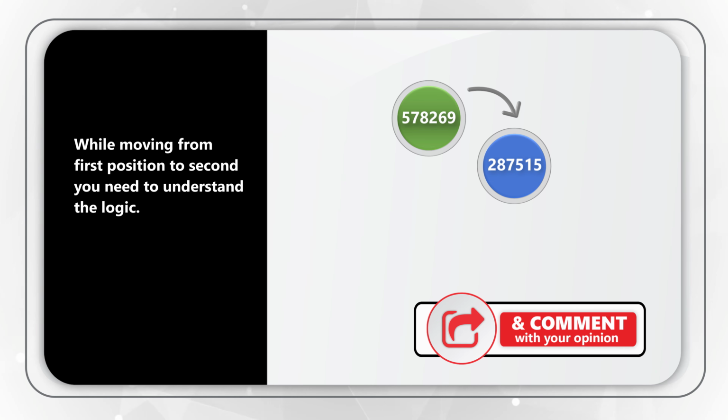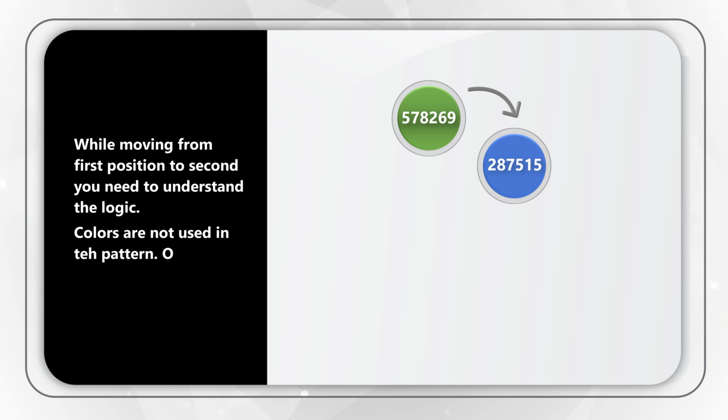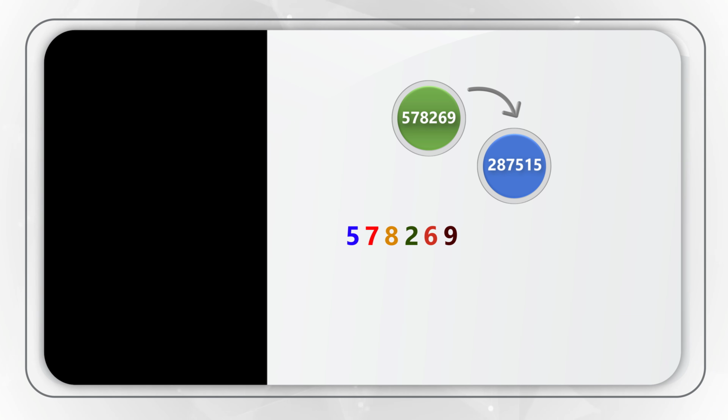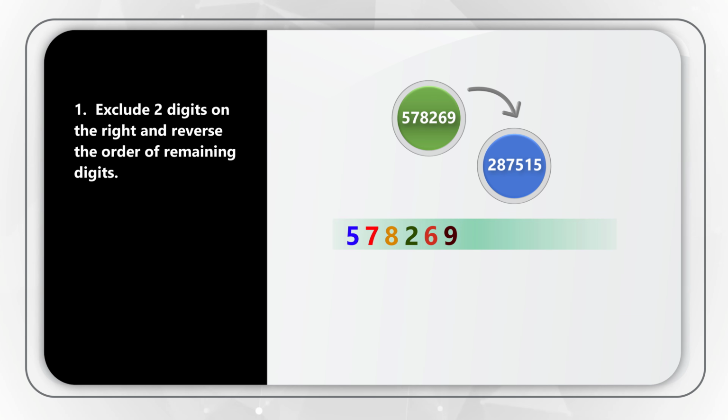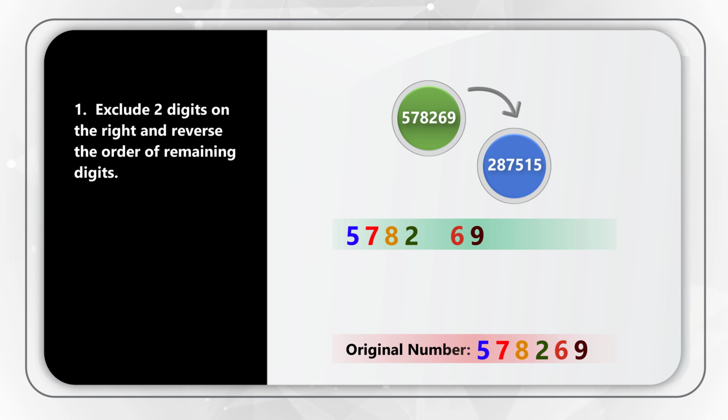As you might have suspected, the colors are not used in the pattern, and they're there just to deceive you. Only numbers are important. And to complete the transformational pattern, we need to do it in 3 steps. Step 1. We need to exclude 2 digits on the right and reverse the order of the remaining digits. For example, the original number is 5782 and then 2 digits 69.